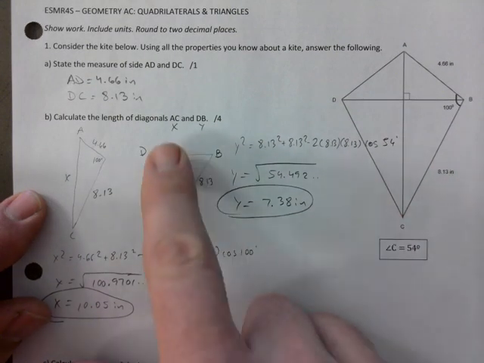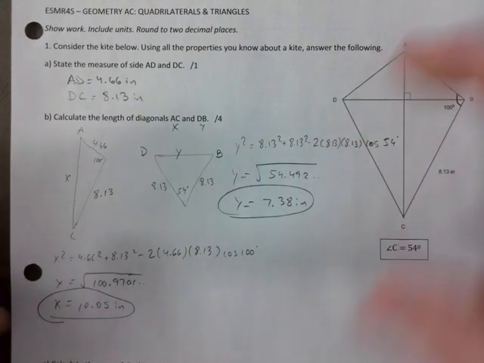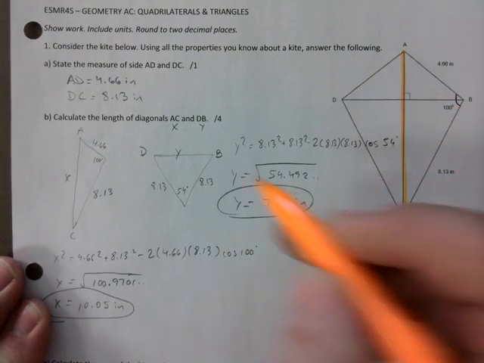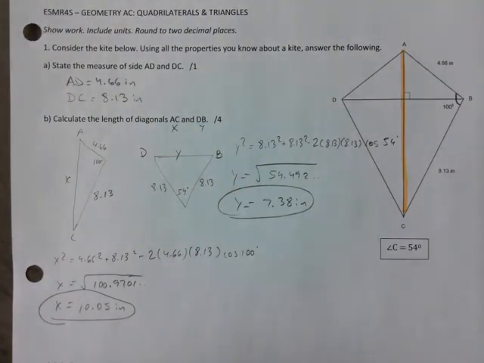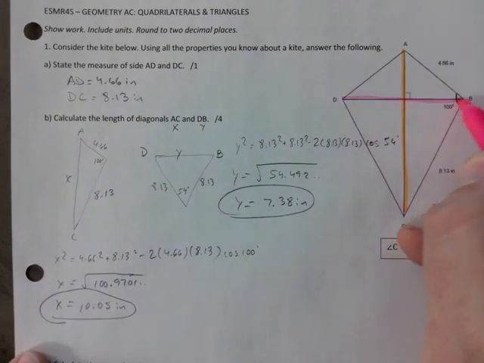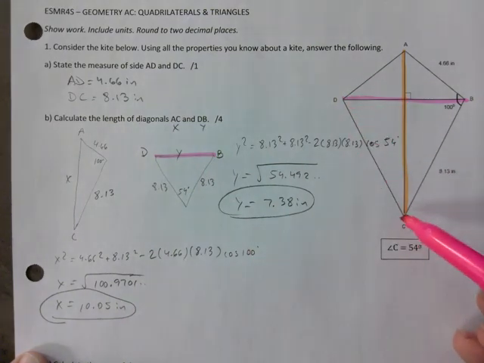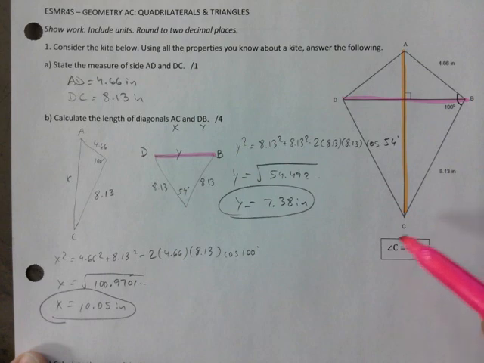And then it's asking us for AC, which is this part right here, as well as DB, which I call Y. Okay. So there you have your two stretches. So I'm using this bottom part here, and notice that angle C, I wrote it out here because it was going to be too messy on there.